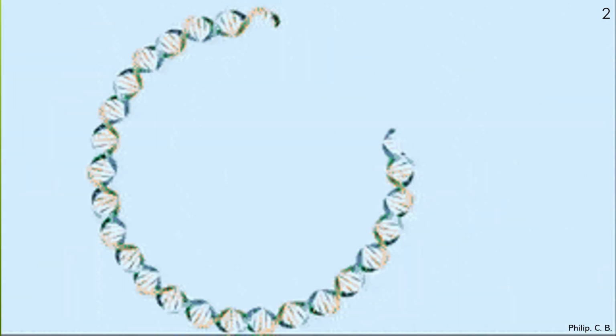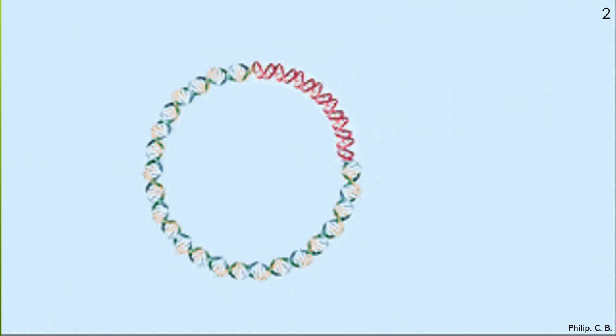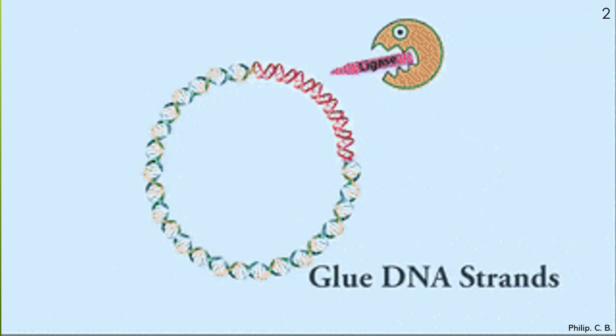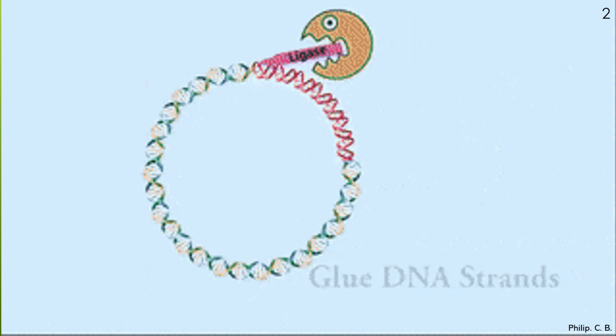Then the sticky ends which are present can be joined by the ligase, this DNA ligase enzyme, which acts as the gum or the glue to join the strands to form a new DNA strand.